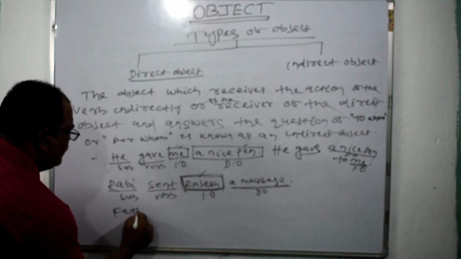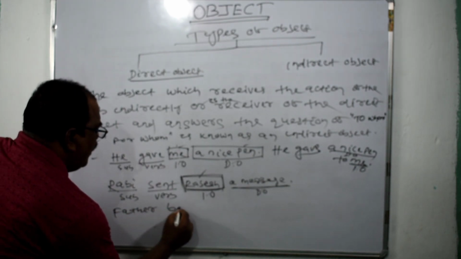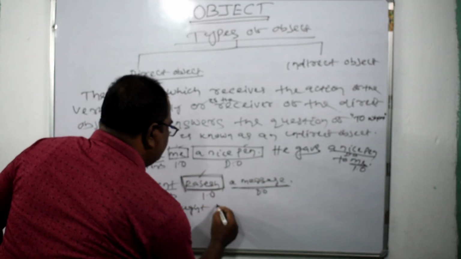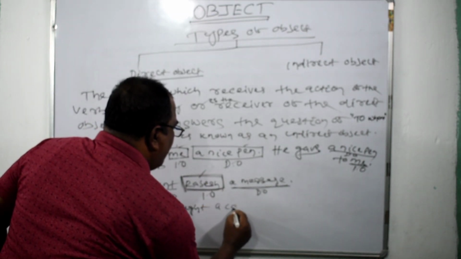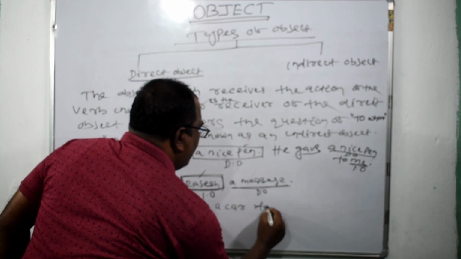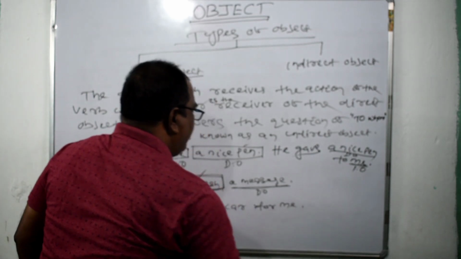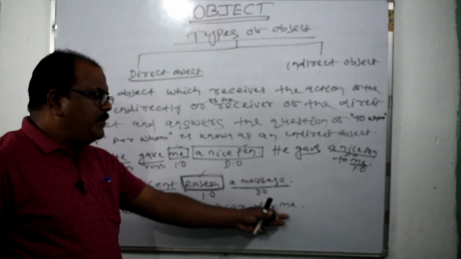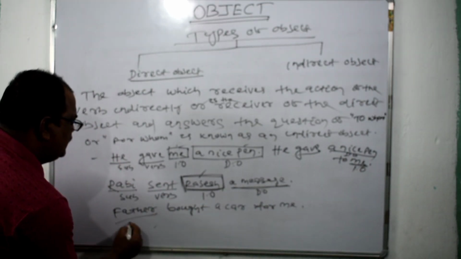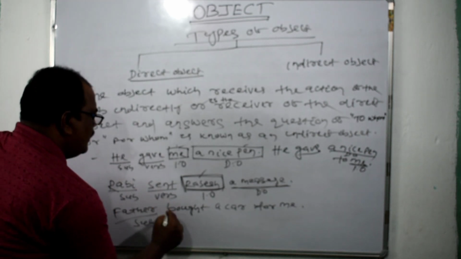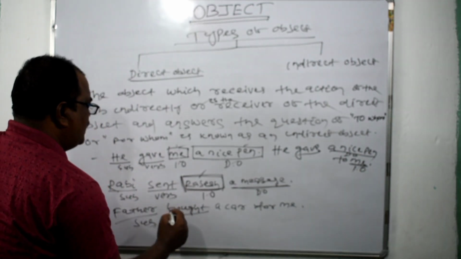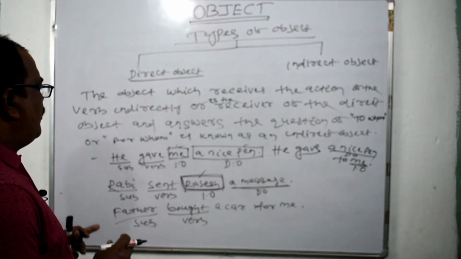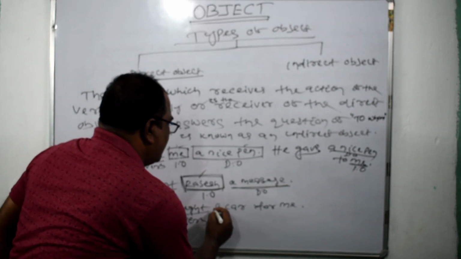Father bought a car for me. Who bought a car for you? Father is the subject. This is the action word, bought. What did father buy for you? A car.